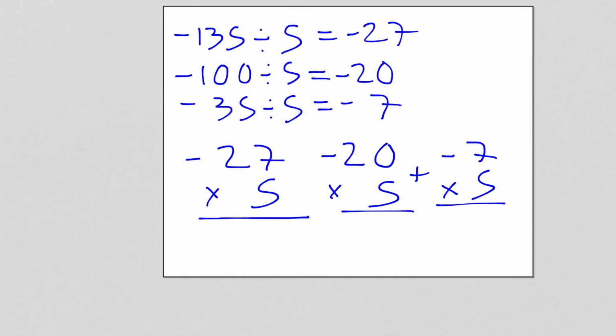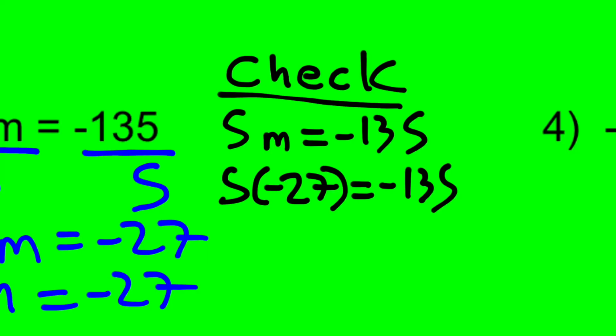Well, negative 20 times 5 is negative 100, and negative 7 times 5 is negative 35. So absolutely, those equal negative 135. So since both sides of the equal sign are the same, I am good.